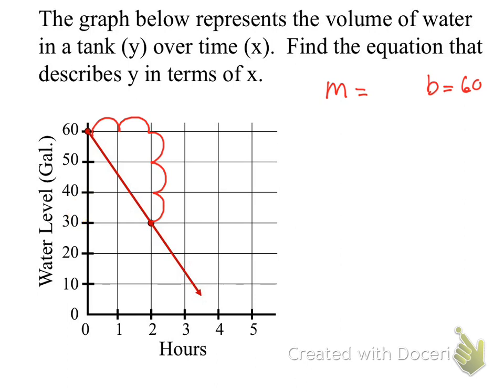What does it stand for? 10. So it's 30 over 2. 30 over negative 2. Good. And so that simplifies to what? Negative 15, and my b equals 60. So y equals negative 15x plus 60.